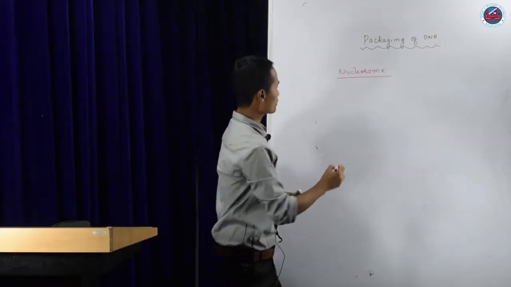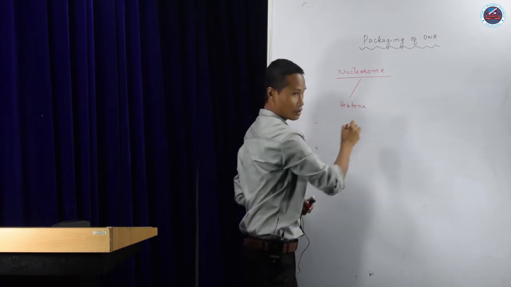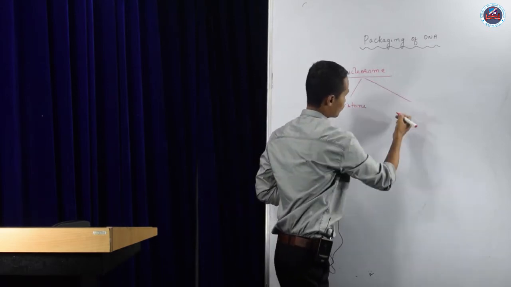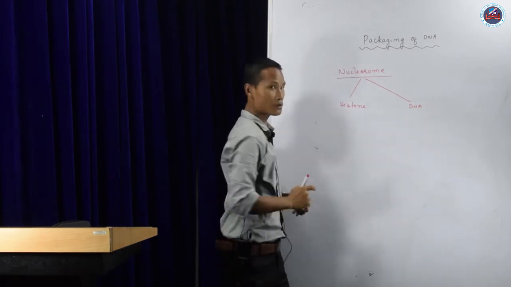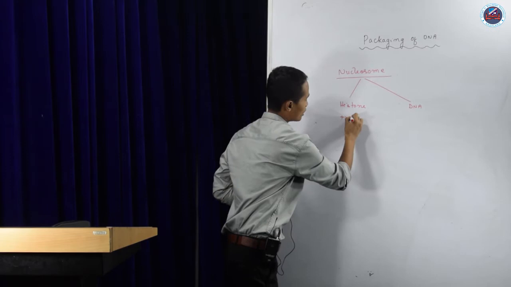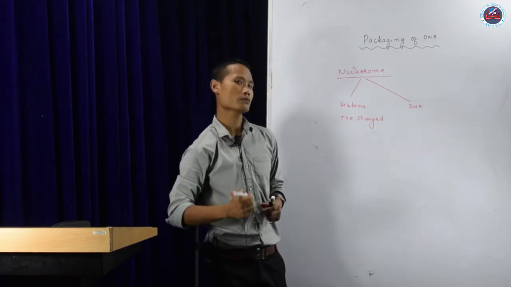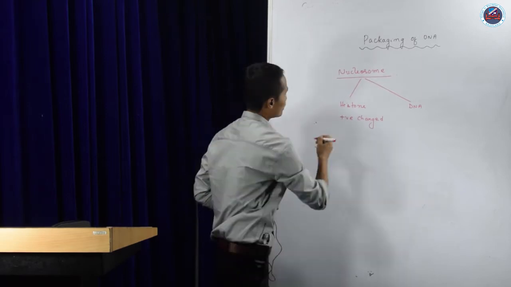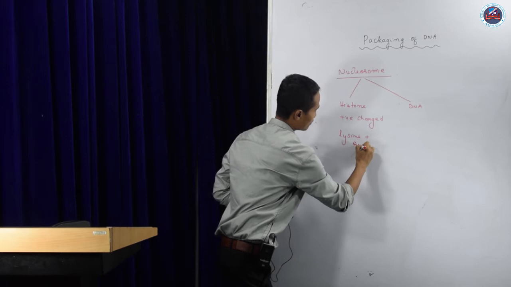This nucleosome is made up of histone molecules and DNA. Histones are usually positively charged and they contain two rich basic amino acids, lysine plus arginine.